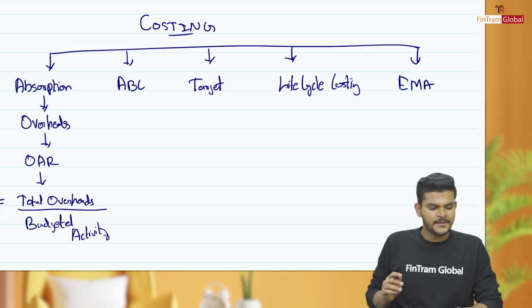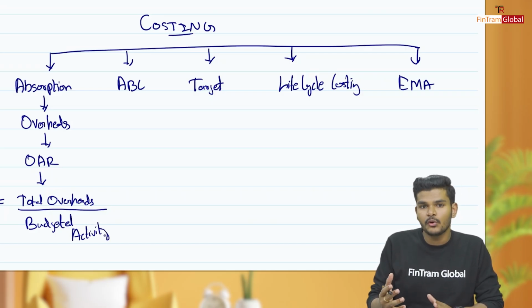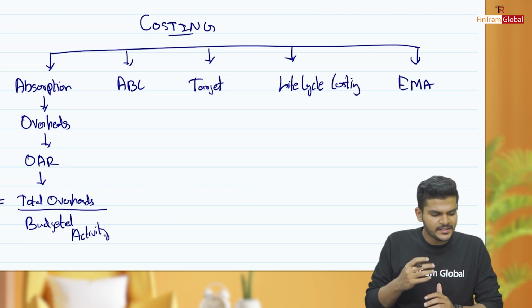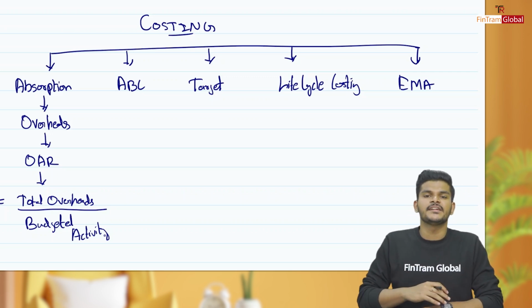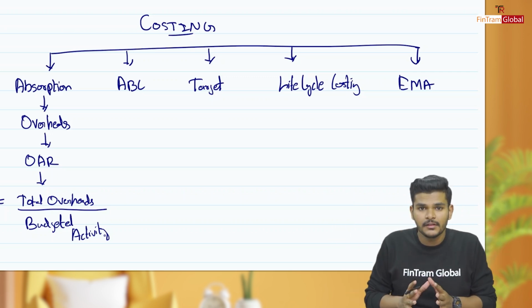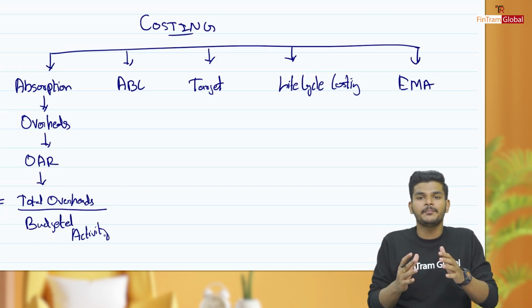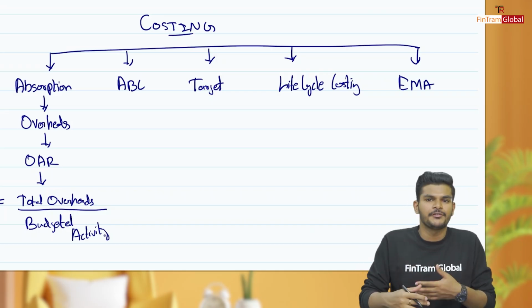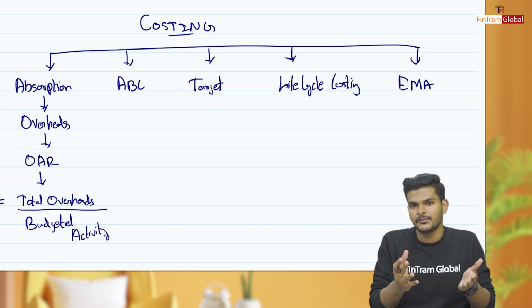Okay folks, that's basically how we calculate the overhead absorption rate. Now within absorption costing, we are considering the total overheads overall, and then we're absorbing it based on a general basis, which is either machine hours or labor hours. This is basically what it would be in the exam.